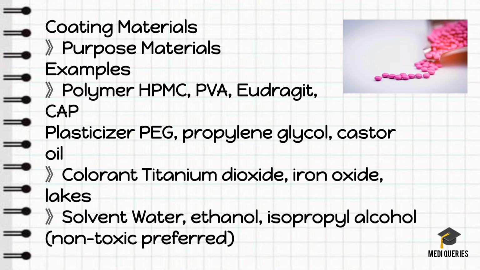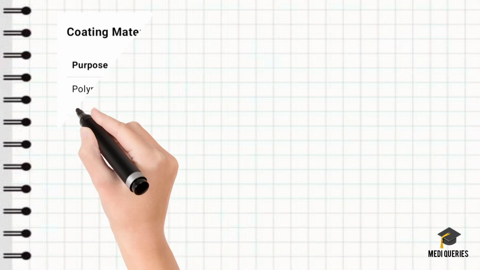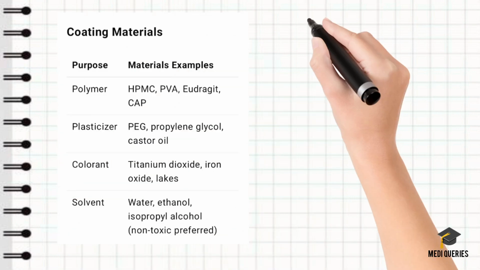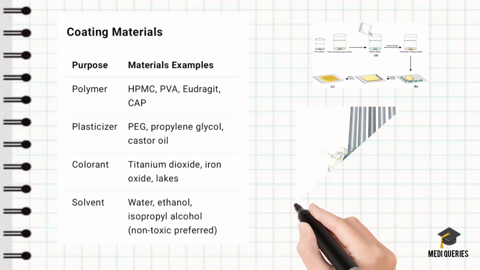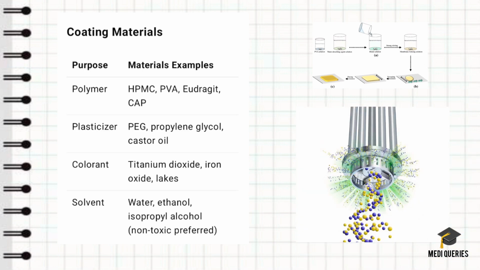The coating materials include various polymers like HPMC, polyethylene glycols, acrylics, cellulose acetate phthalate; plasticizers like PEG 400, that is polyethylene glycol of 400 grade, propylene glycol, castor oil; colorants like titanium dioxide, iron oxides, lakes; and solvents like water, ethanol, isopropyl alcohol. Like that we have to choose.